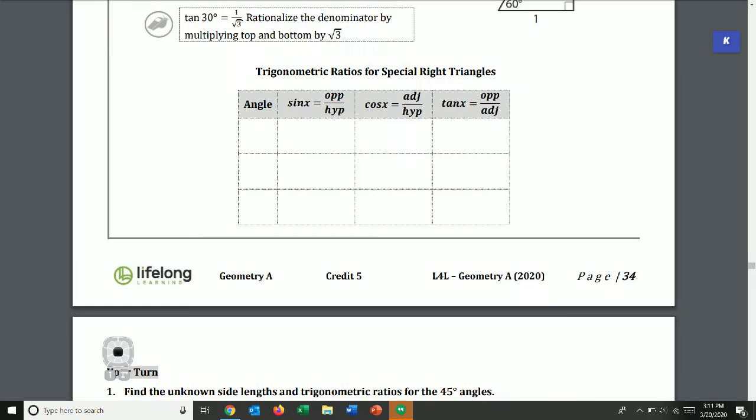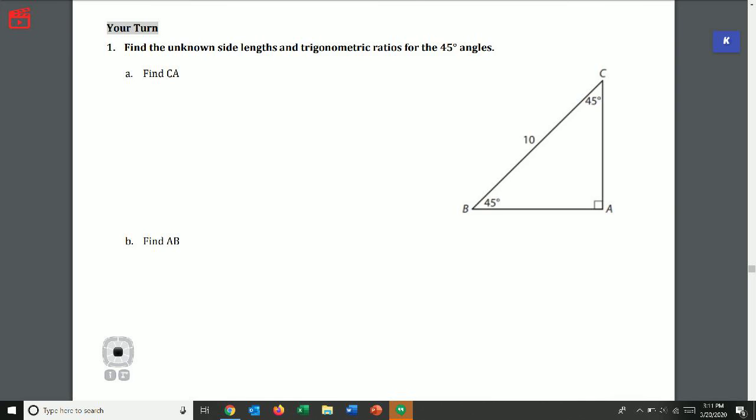And we're going to be on page 35. So find the unknown side lengths and trigonometric ratios for the 45, 45, 90 right triangle. So let me just draw that right triangle really quick.